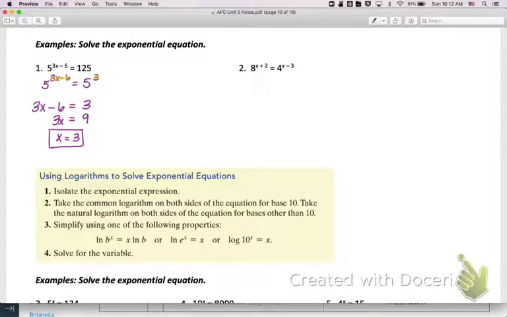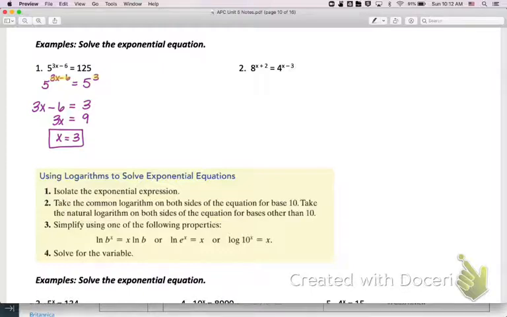There we go. Now, number 2, we have to see, can I write 4 as a power of 8? No. Could I write 8 as a power of 4? No. So that means I'm going to have to change both of them if I can. And I know that 8 is 2 cubed and 4 is 2 squared. So I can rewrite them both with a base of 2.